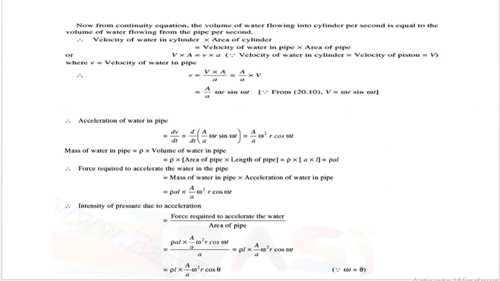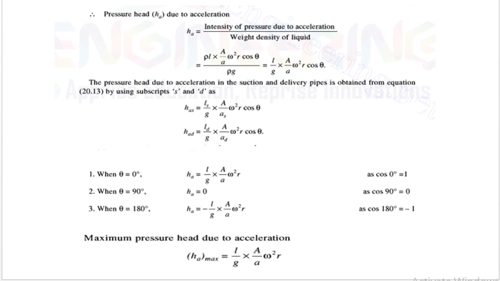After calculation we get rho into L, capital A by small a, omega square R cos omega t. We can write theta in place of omega t. So the value of pressure is rho L into capital A by small a omega square R cos theta. This is the intensity of pressure due to the acceleration.